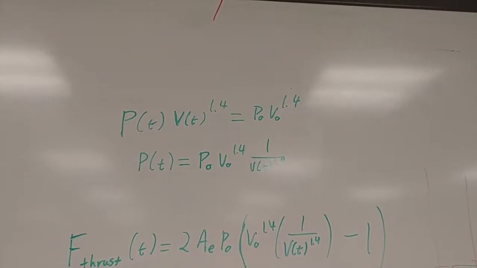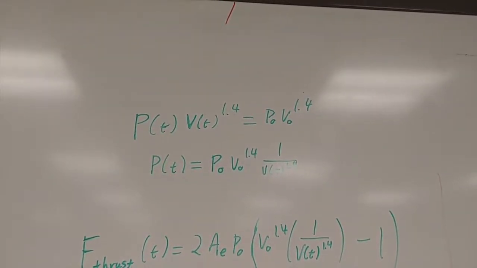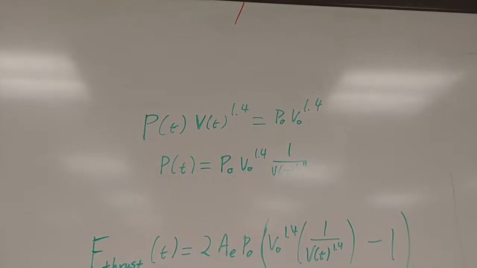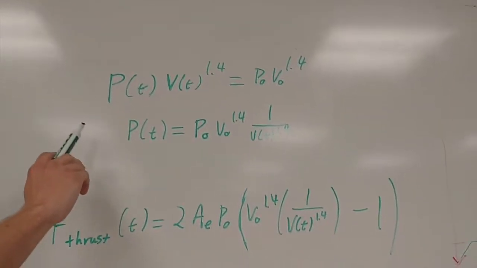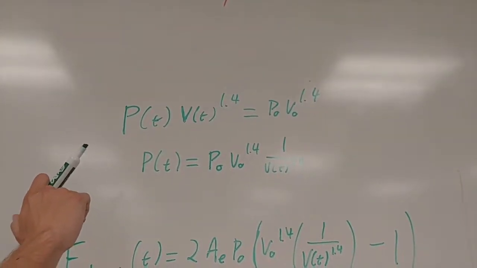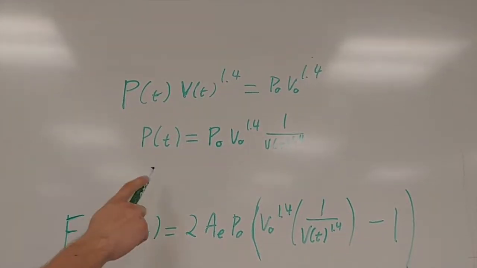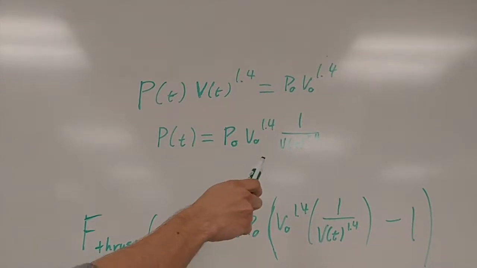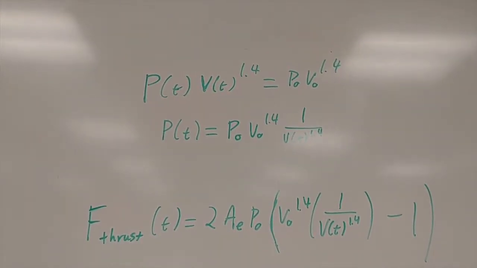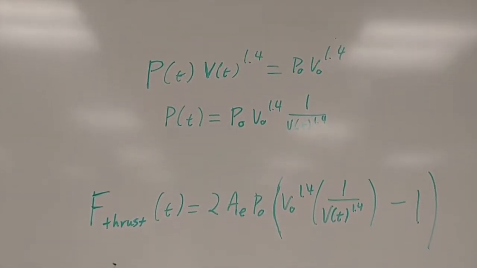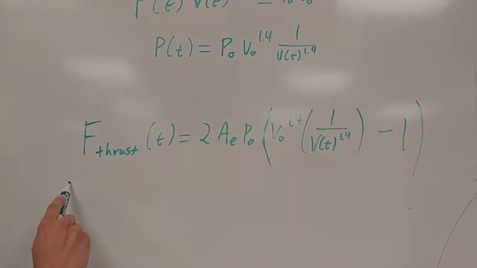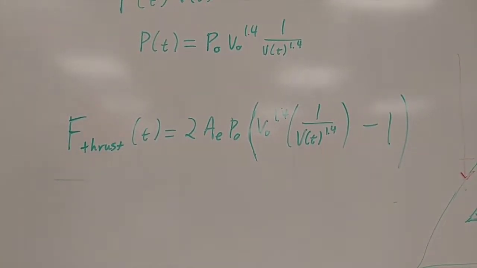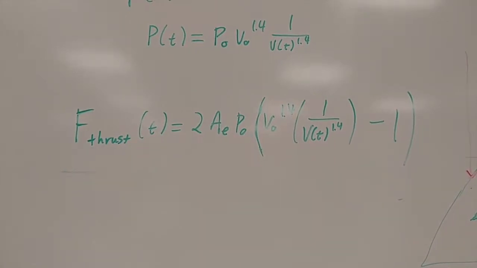We can assume it's adiabatic because it happens so quickly. So using this equation relating the pressures and volumes, we get an expression for the pressure as a function of time in terms of the velocity and the volume. We plug that back into our thrust, and we get thrust as a function of volume, which is a function of time.